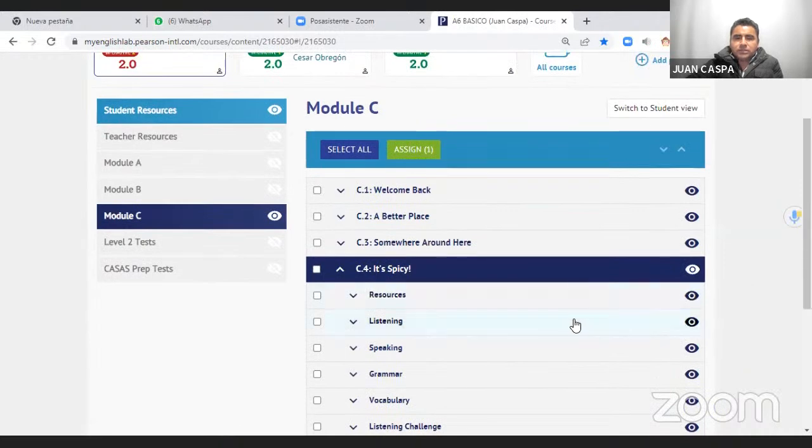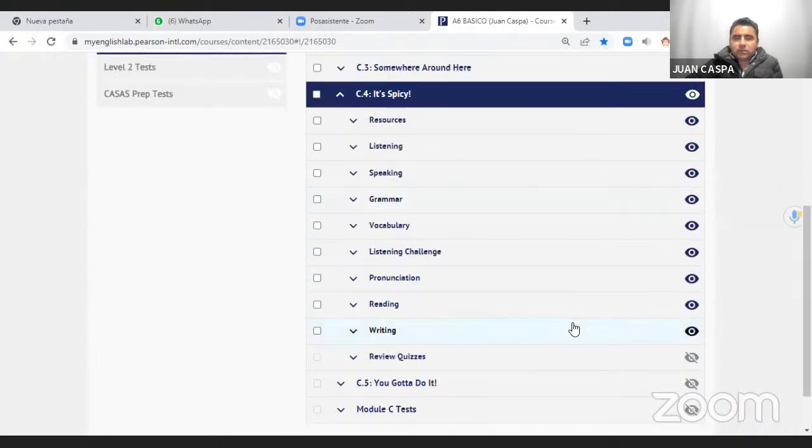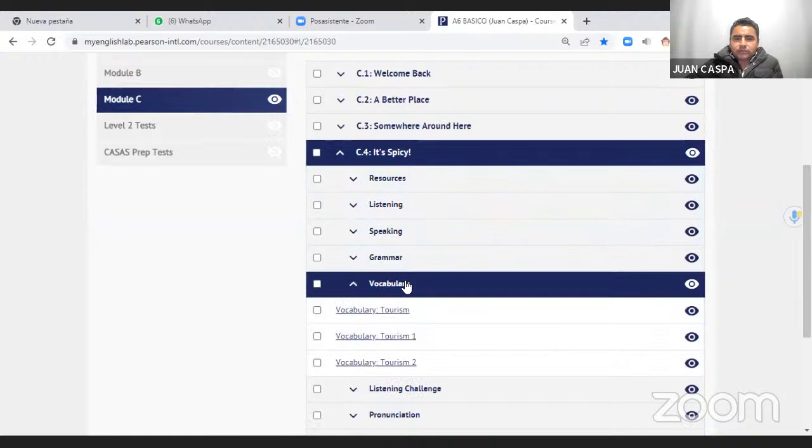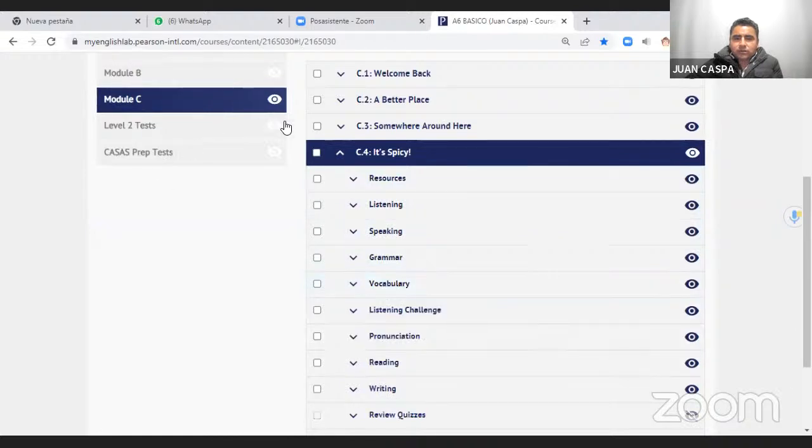By the way, the next lesson is lesson 4. It's spicy. And we're going to talk about tourism, vocabulary for tourism. Okay. And well, that's interesting. Also, when we say spicy, usually we talk about food, right? We talk about food.